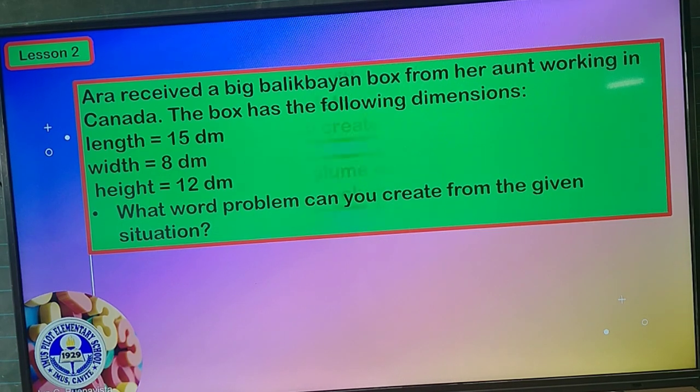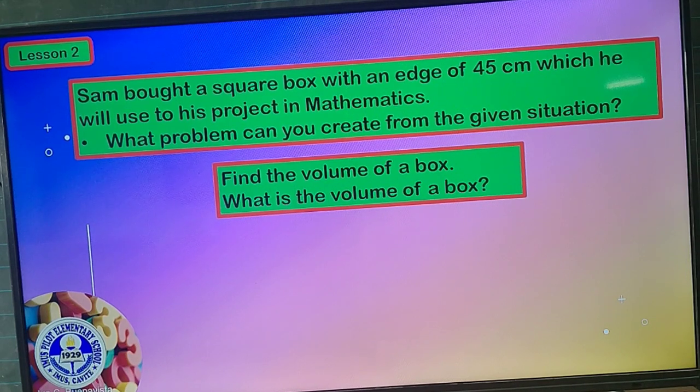Let's have another example. Sam bought a square box with an edge of 45 centimeter which he will use for his project in mathematics. What problem can you create from the given situation? Okay, so you can use the tag question again, what is the volume of a box, or find the volume of a box.